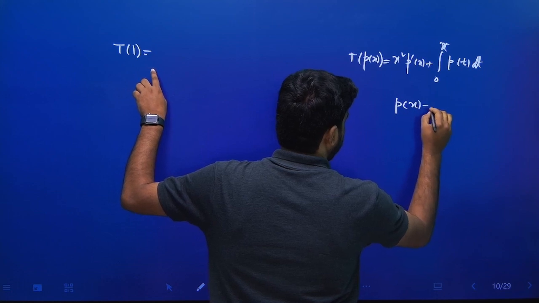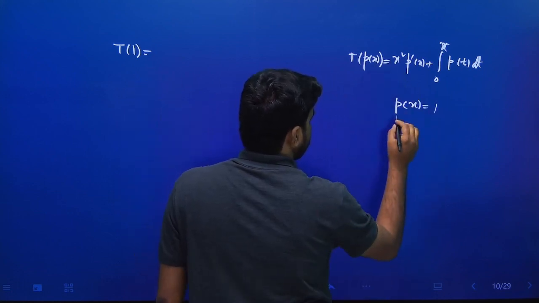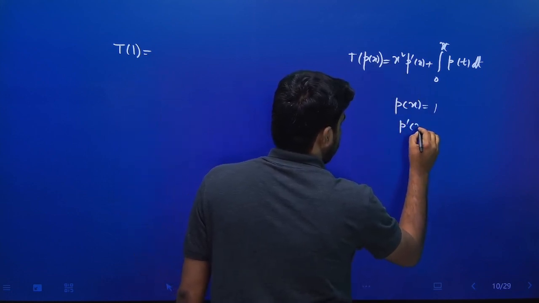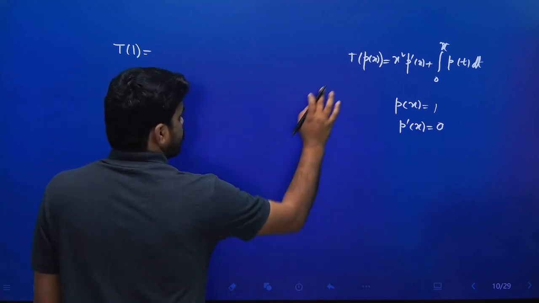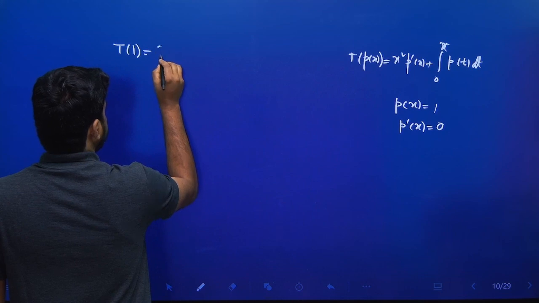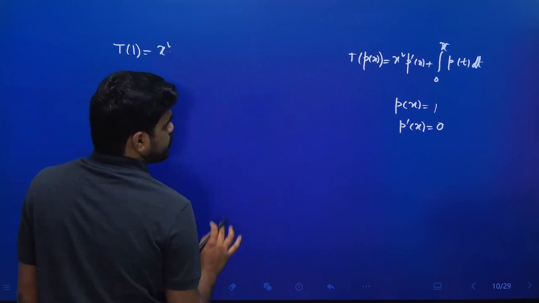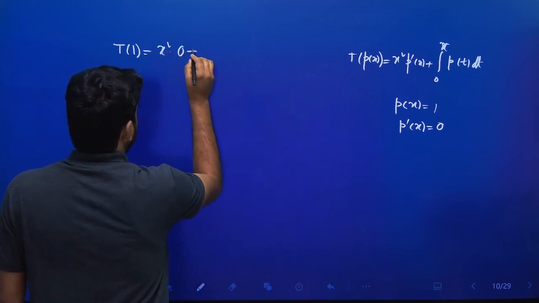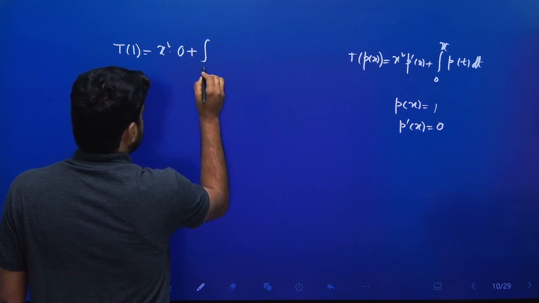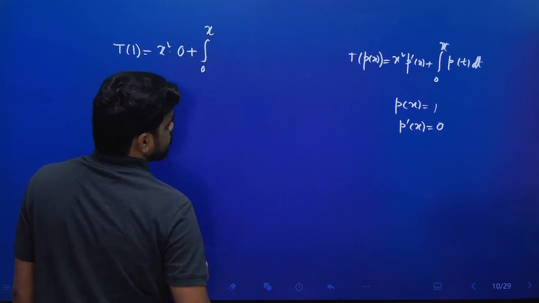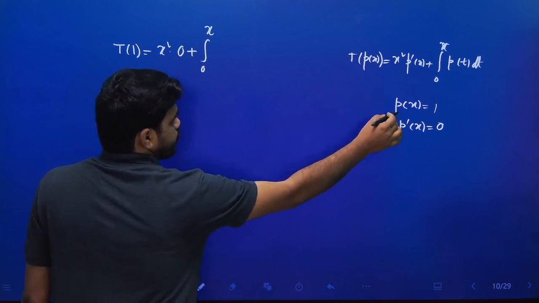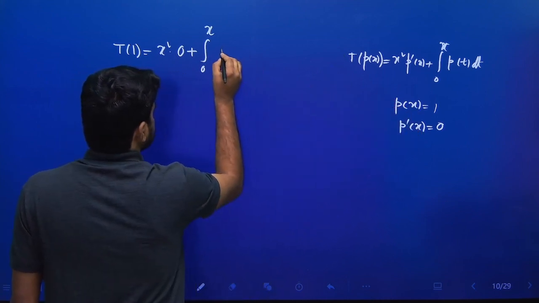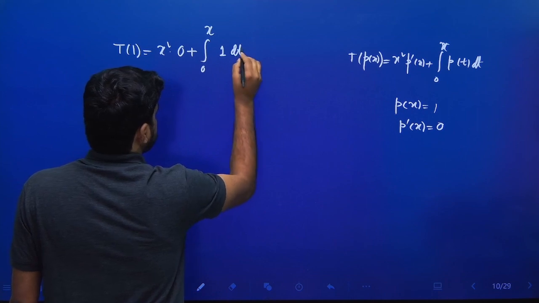Okay, so p dash x will be 0, right? So T1 will be x square into p dash x, that is 0, plus the integration from 0 to x of p(t), where p(t) is 1, so 1 into dt.